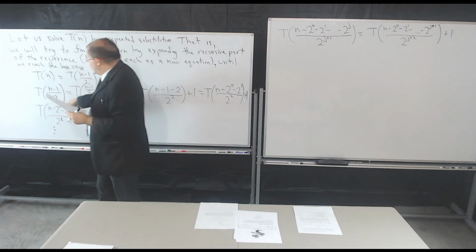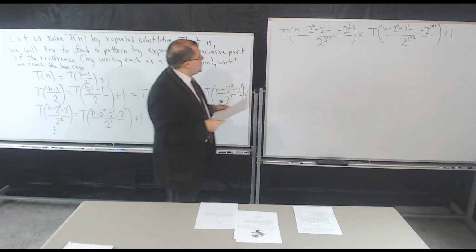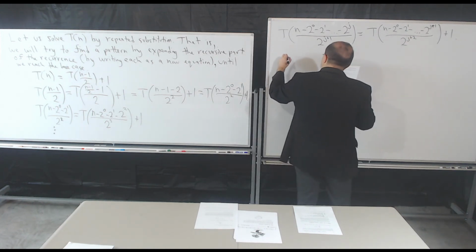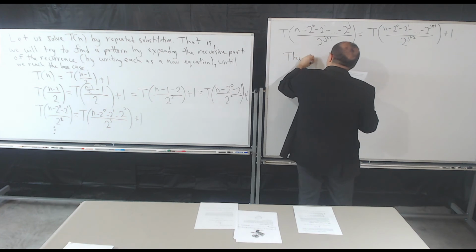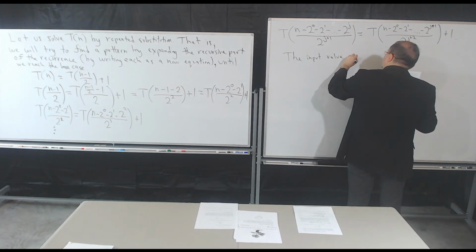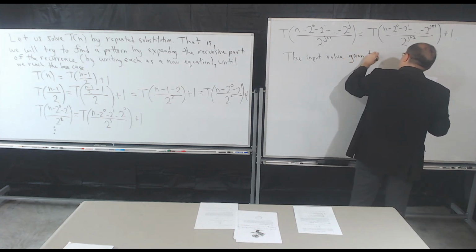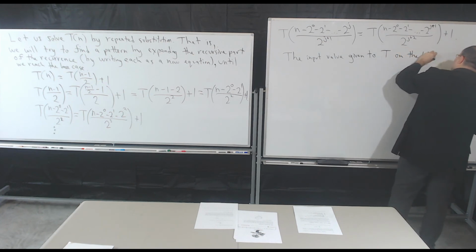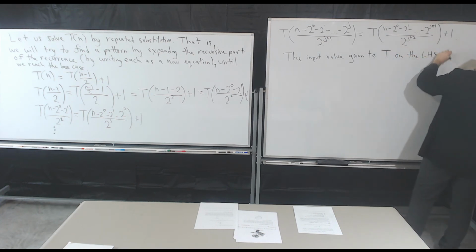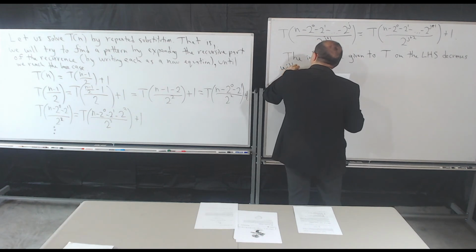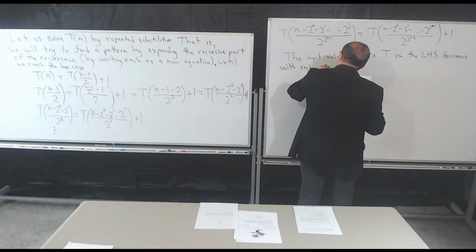As I keep doing this over and over again, the input value given to t on the left-hand side decreases with each new equation.